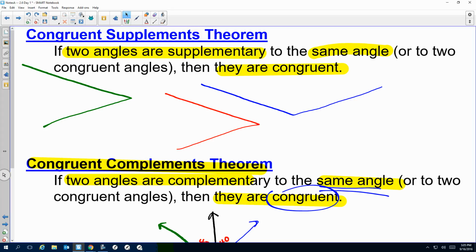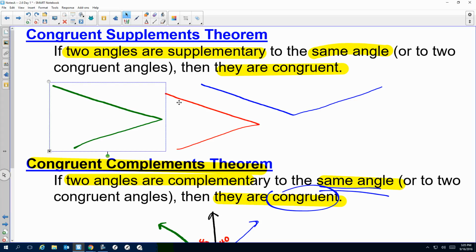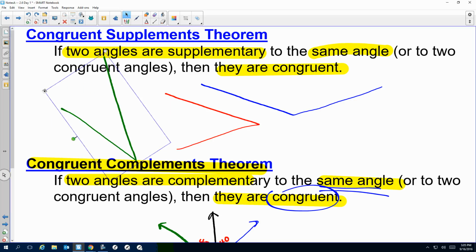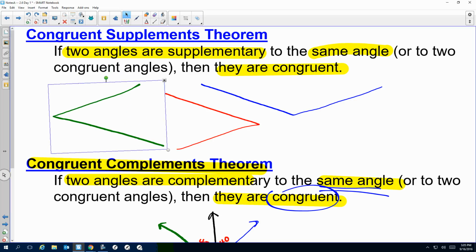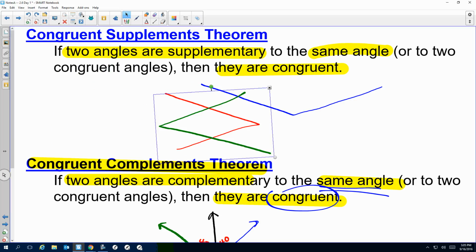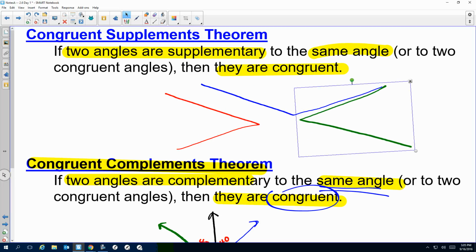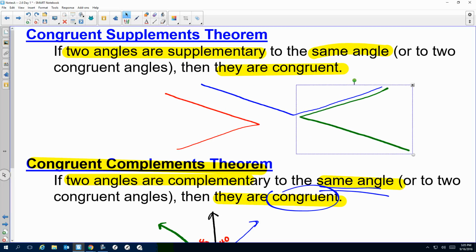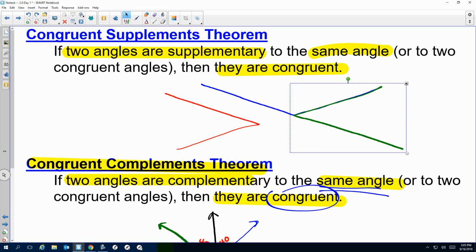But I'm going to have to rotate this. Okay, so if I now make this green angle supplement to blue, now the green is supplementary to blue, right? So now we have two angles supplementary to the same angle. That same angle is the blue angle.